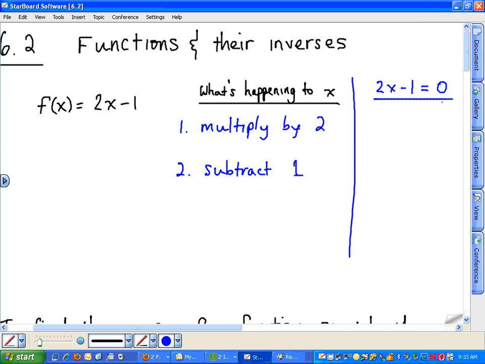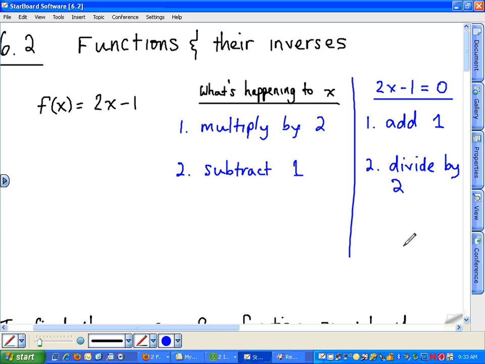Over here on this column, I want to write down the steps you would do to solve this equation. What is it? You would add 1 and then divide by 2. Those are the only two steps we would need, right, to solve the equation.